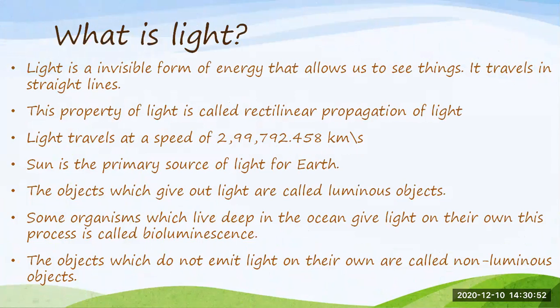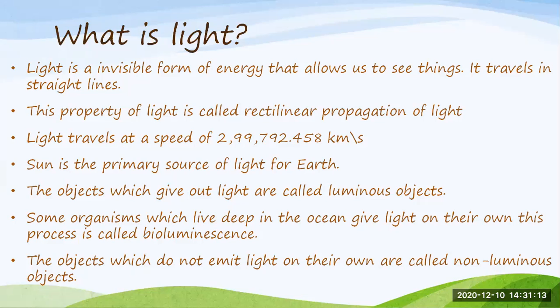Light is an invisible form of energy. So it is not visible to our human eye, and it is the only type of energy that allows us to see other objects and other things.